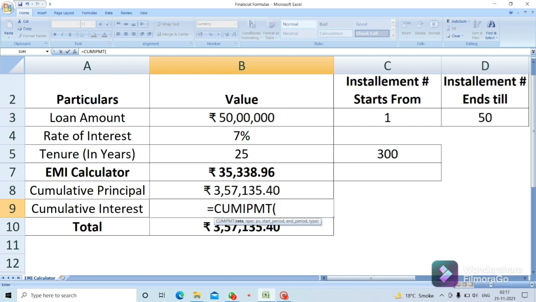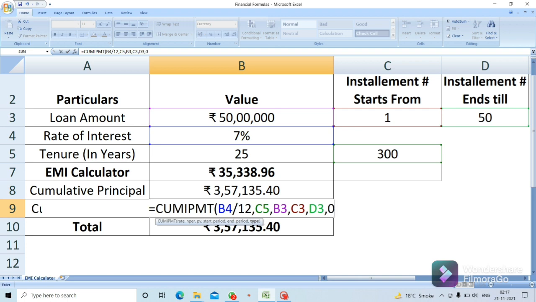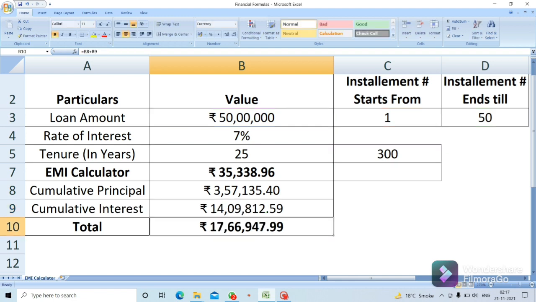Then I input the variables: first the rate of interest divided by 12, then the total number of EMIs, which is 300, then the total principal value, which is 50 lakh rupees, then the starting period, which is 1, and the ending period, which is the 50th, then 0 and the close parenthesis. Then prefix the minus sign before the function, and I will come to know the total amount of interest we have paid till the 50th installment.